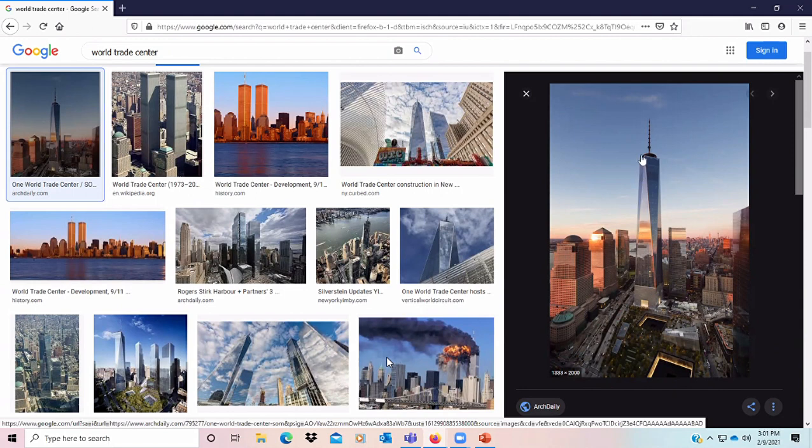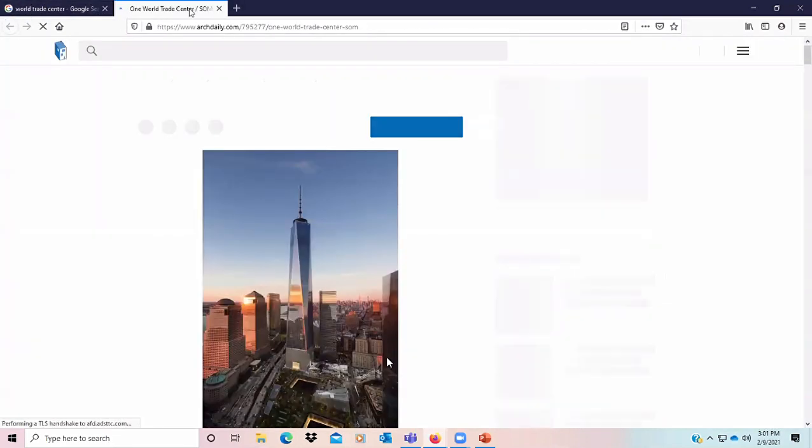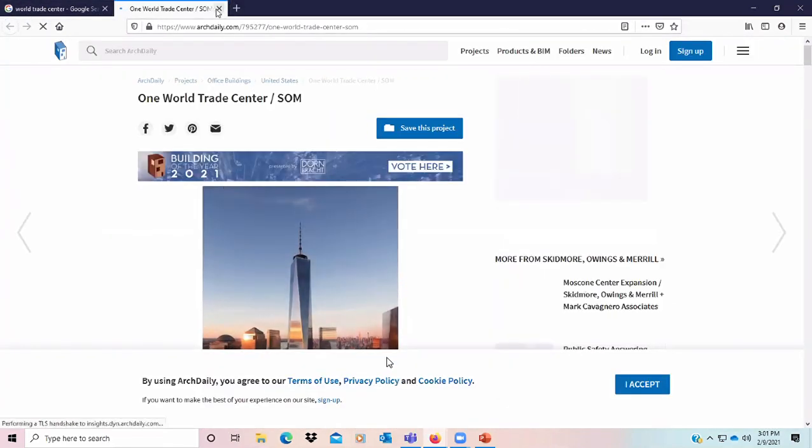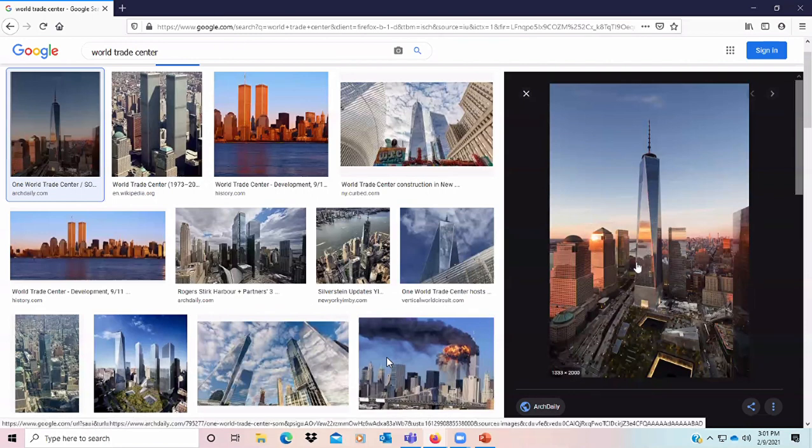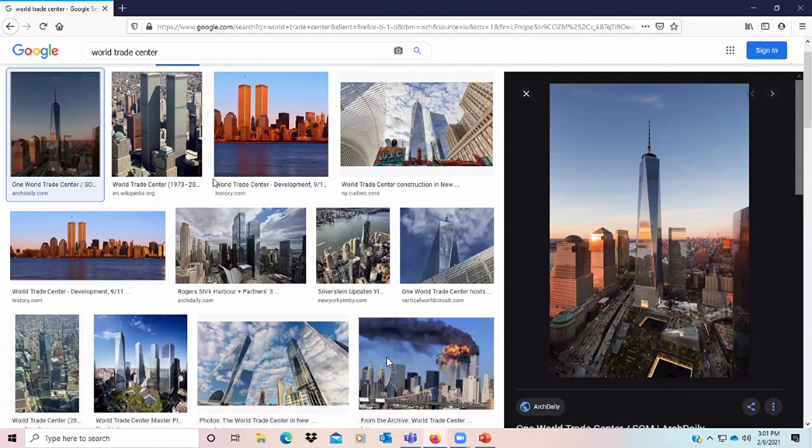Right? Now, this runs miles down. You might have about 30, 40 floors below here. So the same thing with a pyramid. Right?